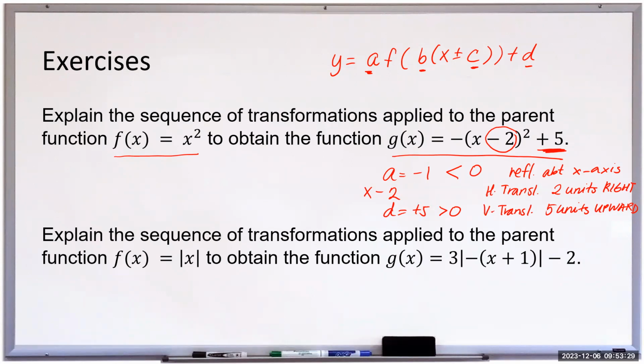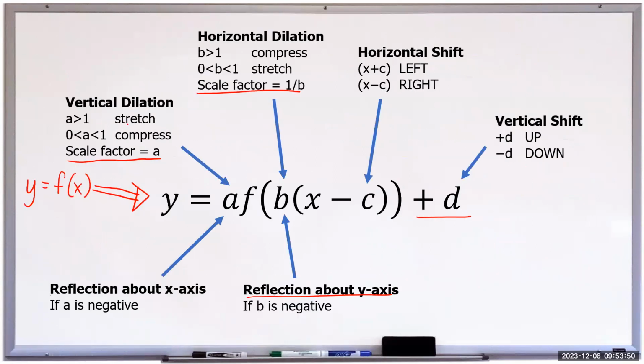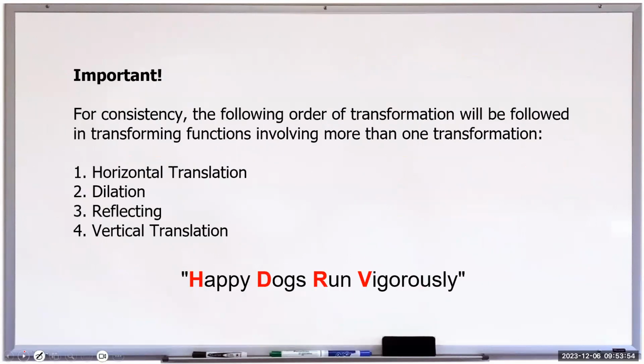Item 2: explain the sequence of transformations applied to this parent function to obtain this transformed function. Okay? So a is equal to 3, yung nasa labas, and this is greater than 1. So if a is greater than 1, we have here a vertical stretch.